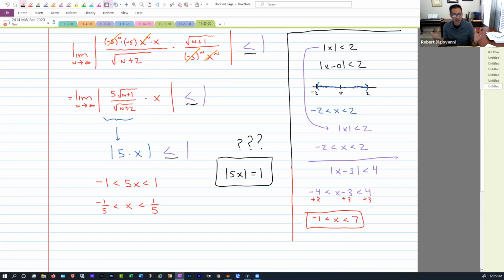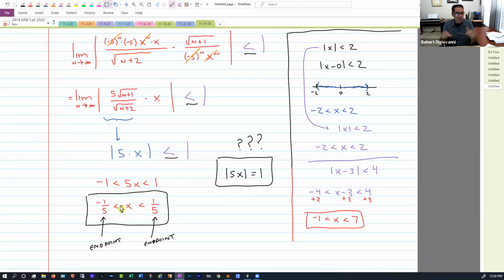It's an inconclusive test. So what we need to do here is go back to this right here. I actually want to know what's happening at these endpoints. That's an endpoint. This is another endpoint. We know that as long as you're in between those two numbers, we've got convergence.